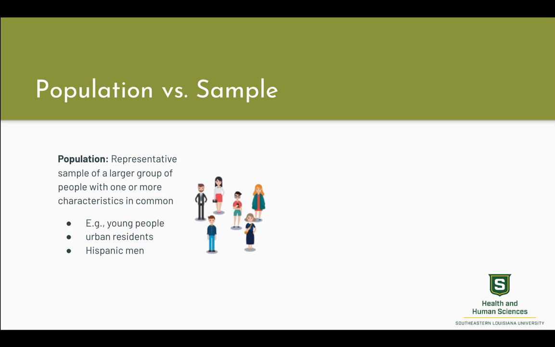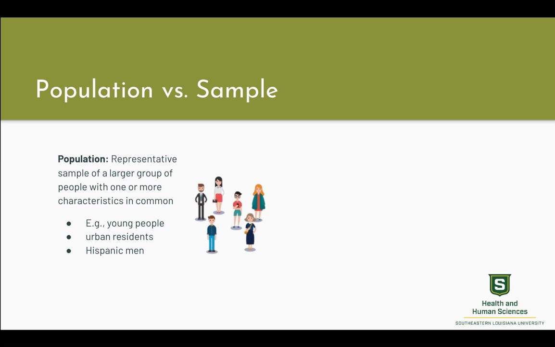You could also look at it in terms of where they live, for example people living in urban areas, so the population you're interested in is the people who live in urban areas. Or you could be interested in them based on their ethnicity. You might be only interested in a population that is men and Hispanic. That would be the kind of population you are looking at.